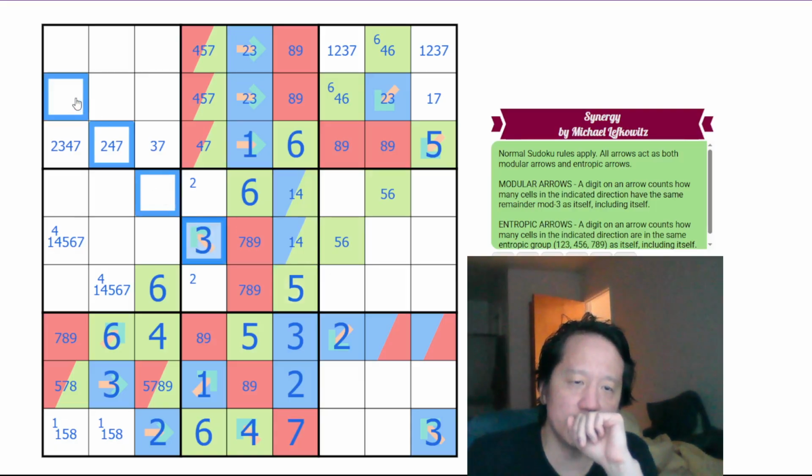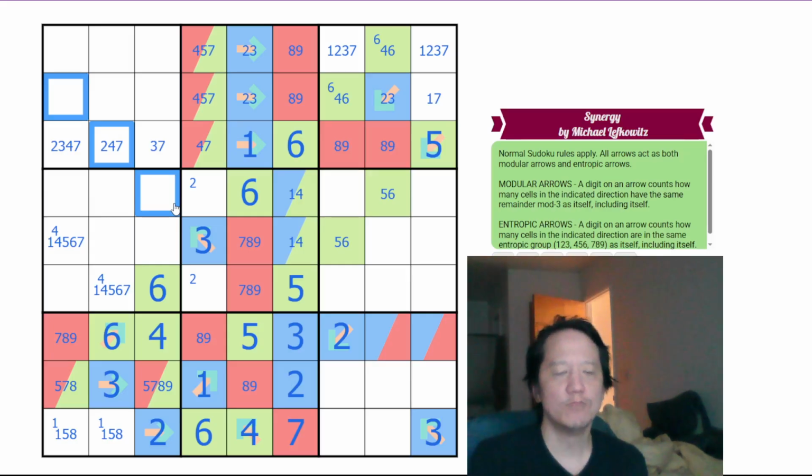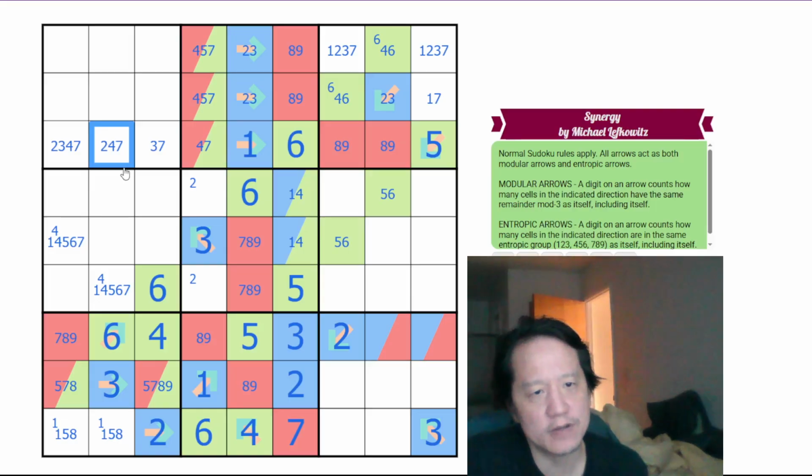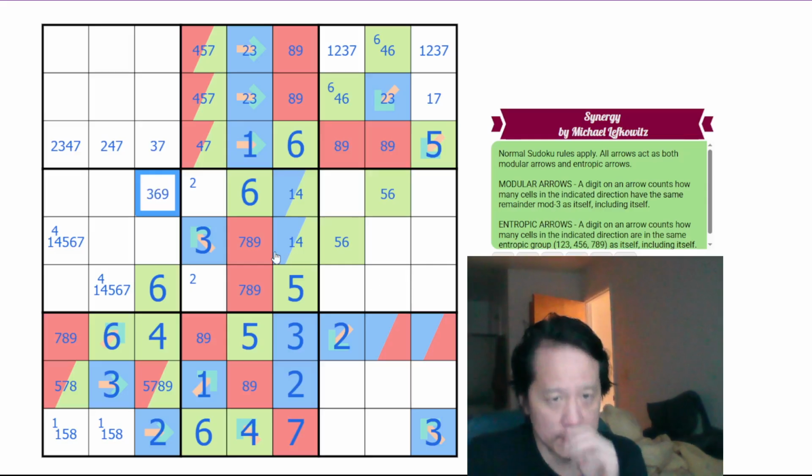This sees 3 lows and 3 0 mod 3s. Well, 2, 4, and 7 are not 0 mod 3. So these must be 0 mod 3s here. So this is 3, 6, and 9. Cannot be 3 or cannot be 6. So that's 3 or 9.